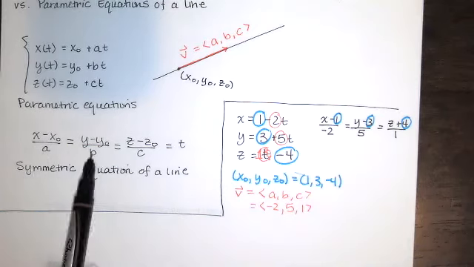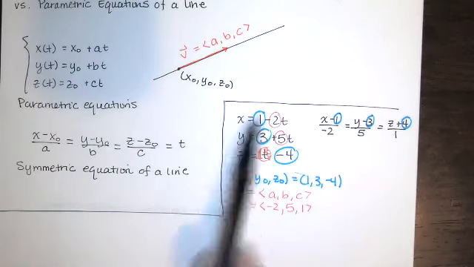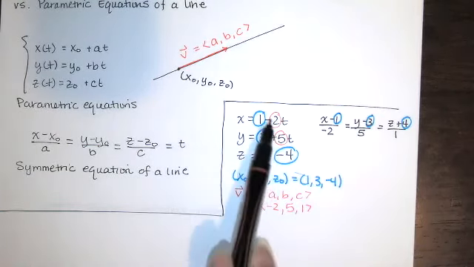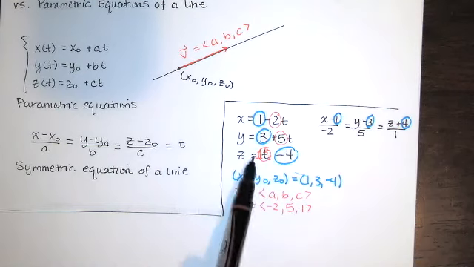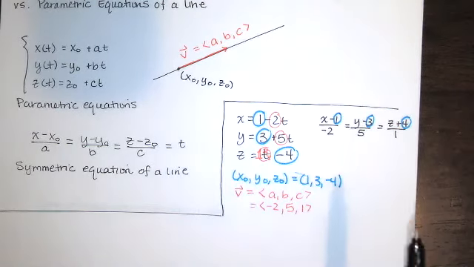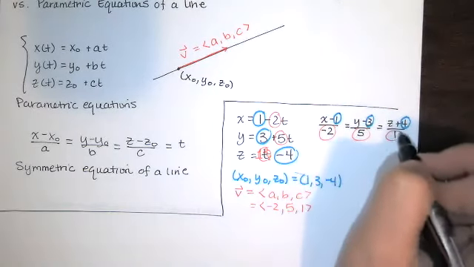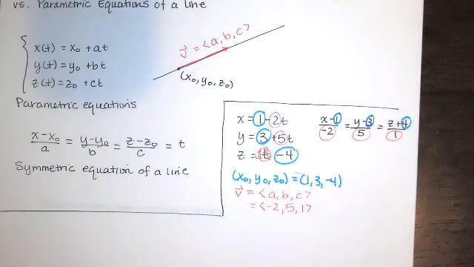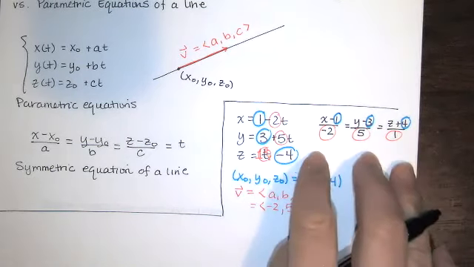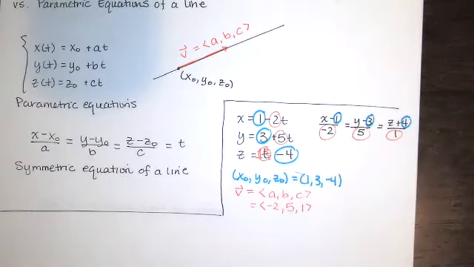Similarly, over here, a, b, and c appear in the denominator because these coefficients of t appeared in the denominator when we were solving for t. So this is my a, b, and c, the components of the direction vector of a line when you're given the equation in symmetric form.